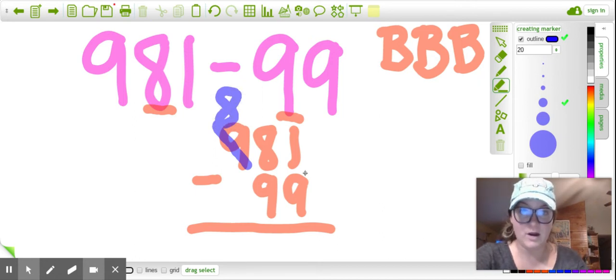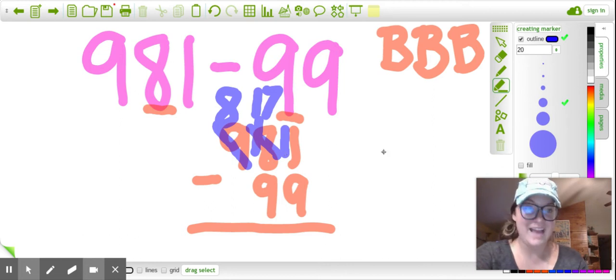That 1 that we just borrowed is going to become this 8's sidekick and turn it into an 18. Now I can borrow 1 from this 18 to bring to this one. So I'm going to cross out my 18, take 1 away. It will become 17. And the 1 that I just borrowed will become this one's sidekick and turn it into an 11. Now we are ready to subtract.